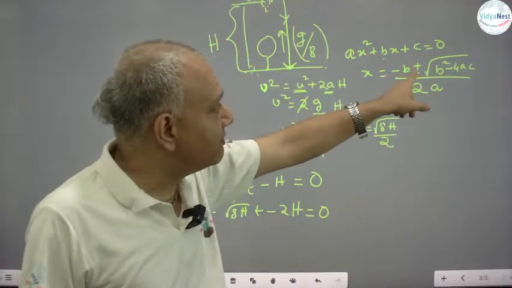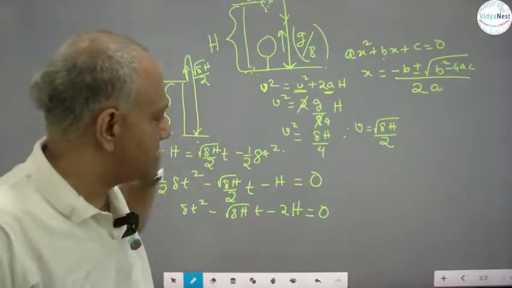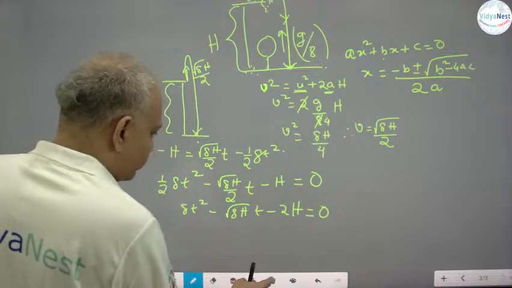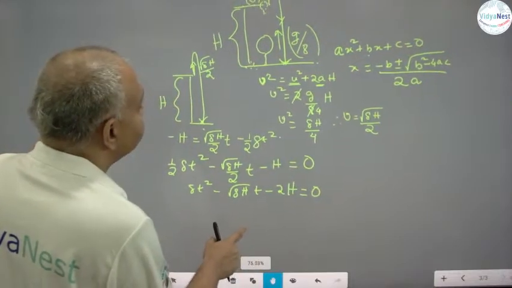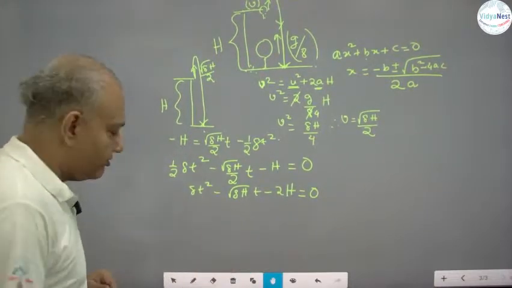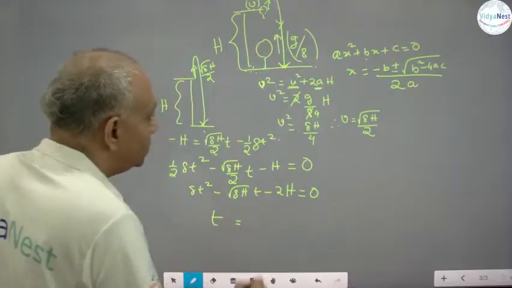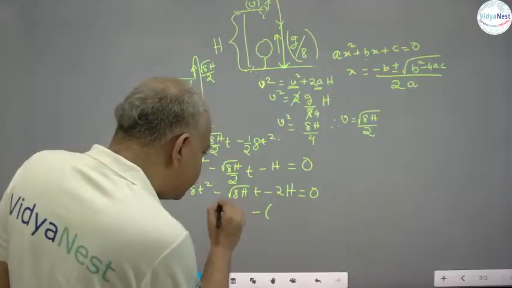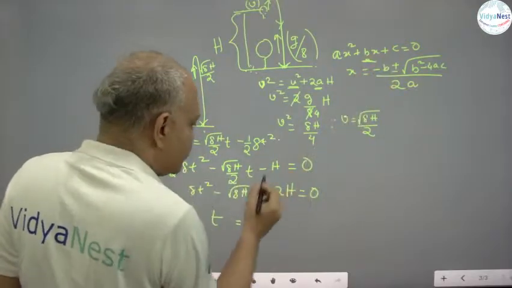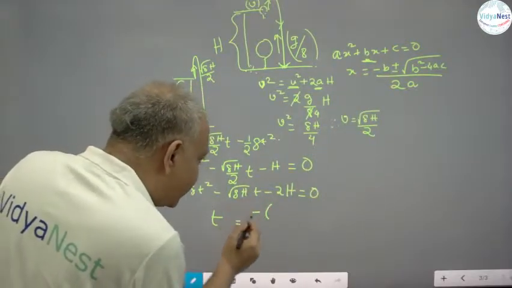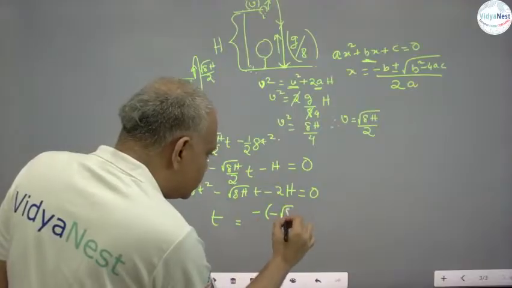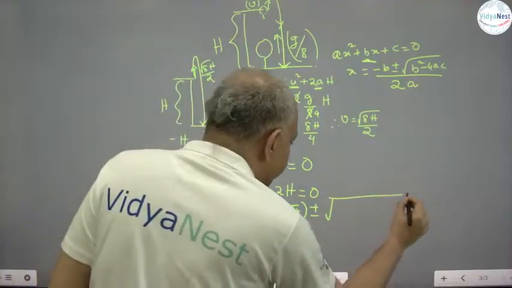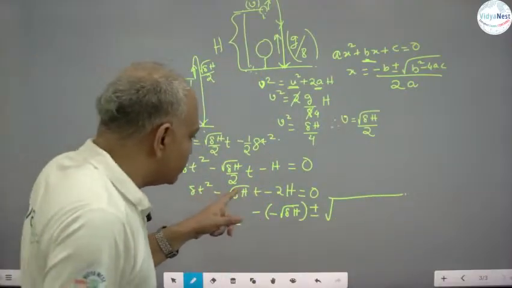This plus minus gives the two values of x. Similarly, I can have t equal to minus b, minus of this one, the coefficient of the t, so minus root gh, plus minus root over b square, minus root gh square.